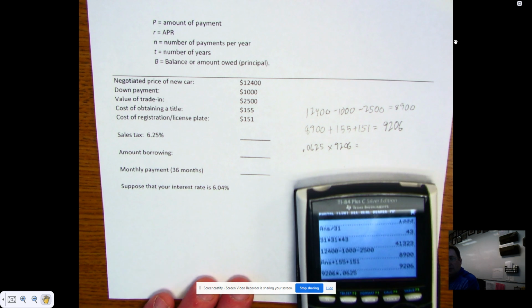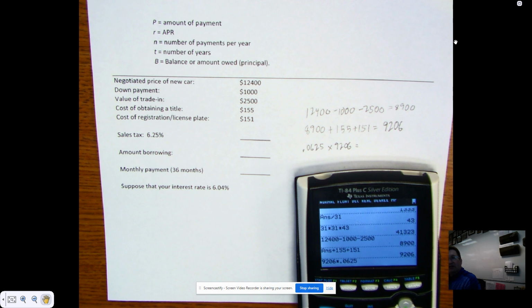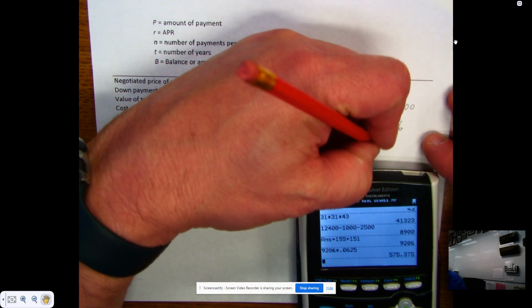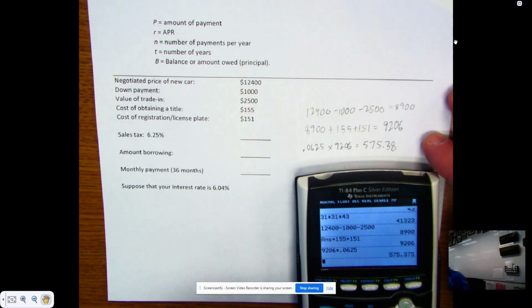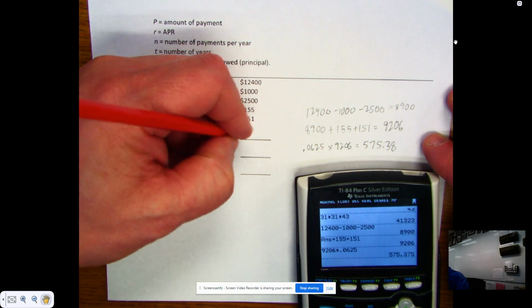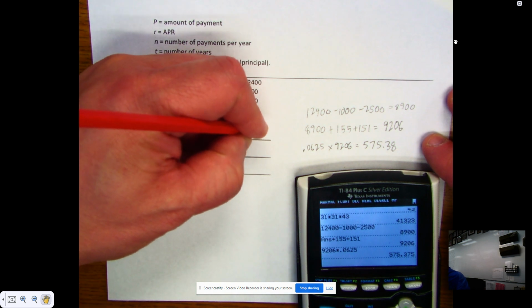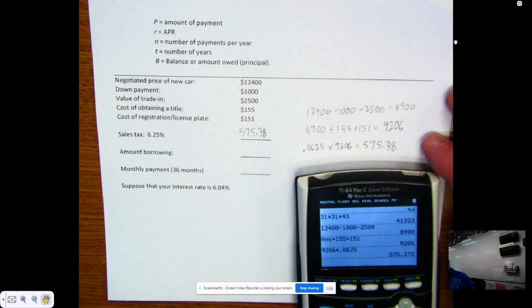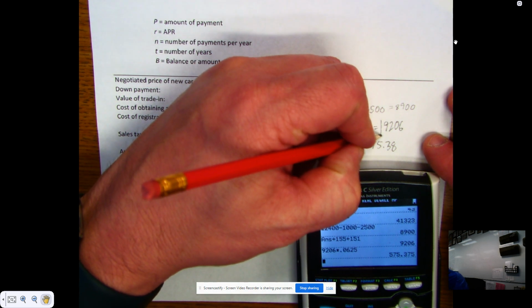I'll try to move my calculator where you can see it a little better. So this is $575.38 to the nearest penny. And so that's the number that we would put here. The amount that we're borrowing is going to be the sales tax plus this number prior to the sales tax.